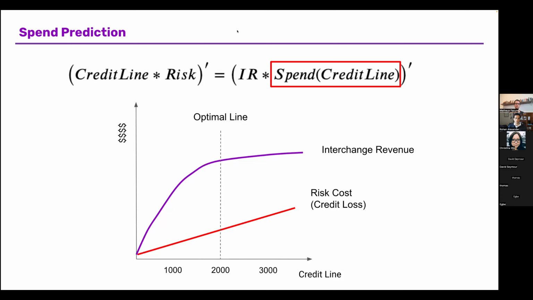You just have to equate the derivative of loss with the derivative of revenues. And all of those causal inference hardships come from the fact that you need to estimate the slope of the spend curve, which will dictate essentially where exactly you want to set your credit line. Is it higher or lower?